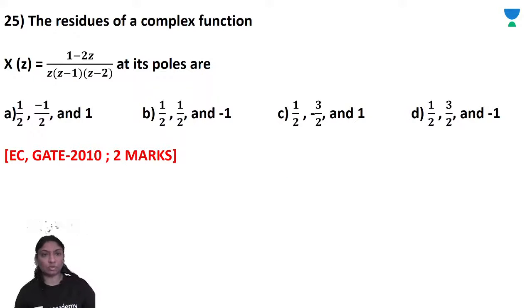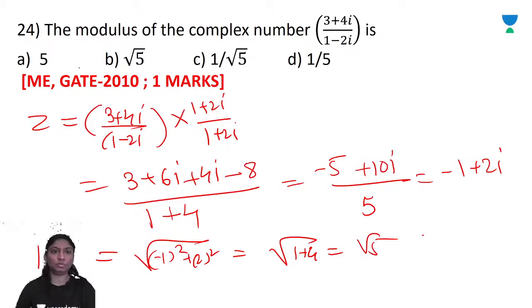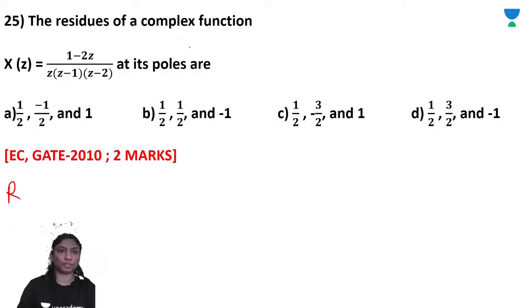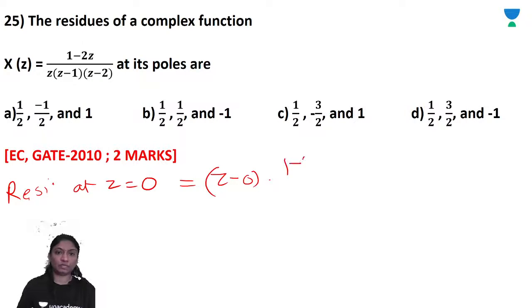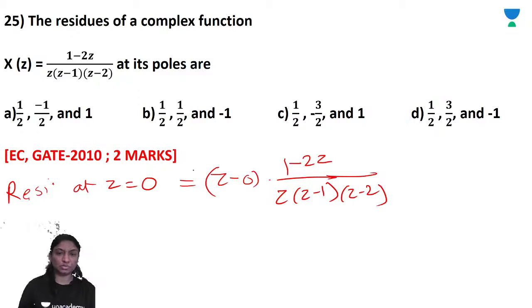The residues of a complex function. So we will calculate the residue at z is equal to 0. Option B. Okay, residue at z equal to 0. So what's the formula? z minus a into f of z. So z minus 0 into f of z, which is 1 minus 2z upon z into z minus 1 into z minus 2, limit as z tends to 0.